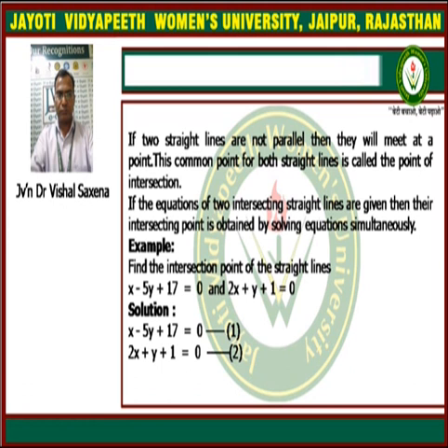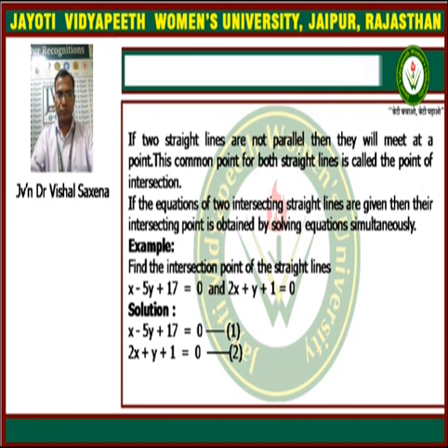Suppose the two equations are a1x plus b1y plus c1 equal to 0, and a2x plus b2y plus c2 equal to 0. So there are two equations in terms of a1, b1, c1 and a2, b2, c2. These are the coefficients, and x and y are the variables.